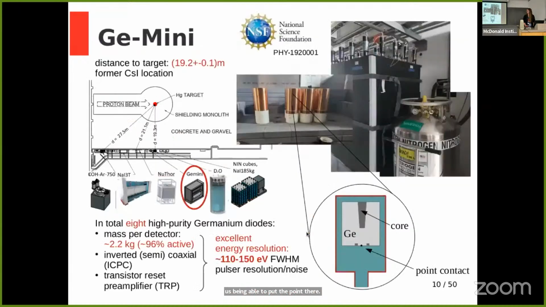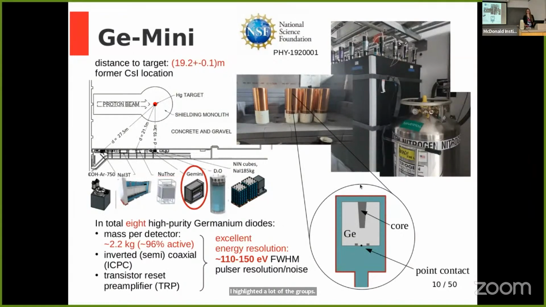So the setup here is called Ge-Mini, and it's located at the exact location where the cesium iodide detector had been placed, at 19.2 meters from the target. The experiment consists of eight high-purity germanium spectrometers. I think I already highlighted a lot that we need this low energy threshold.